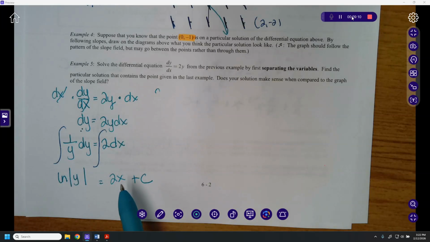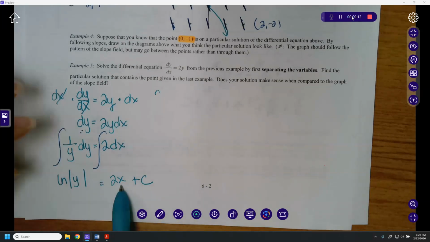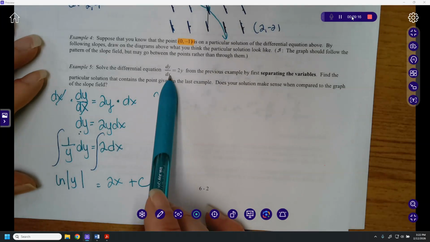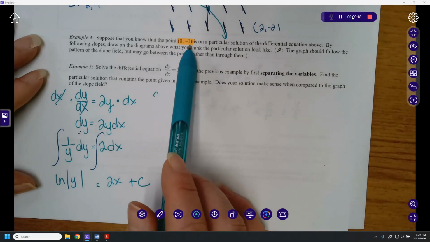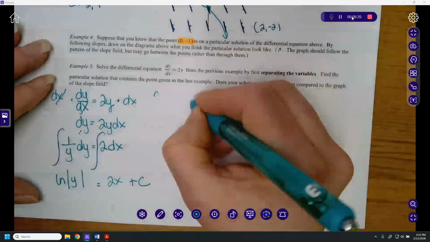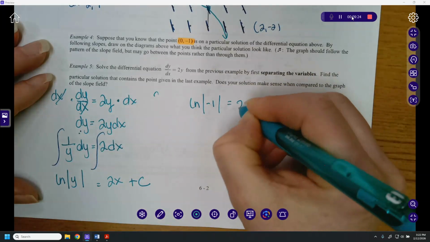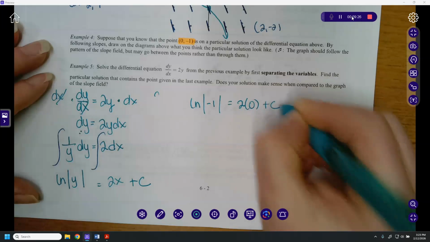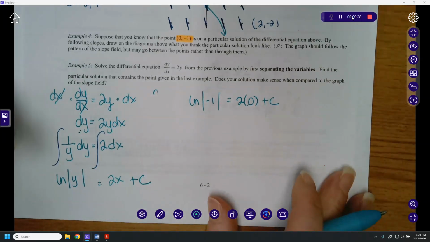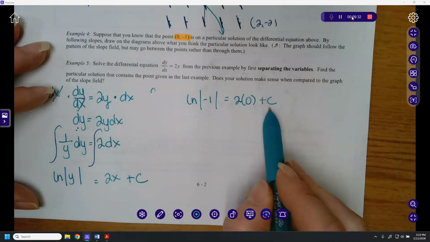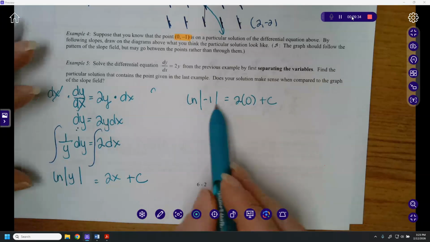So in the point (0, -1), I am going to plug 0 in for x and -1 in for y. And so I go back and I look at this, and I have to be just a little careful.